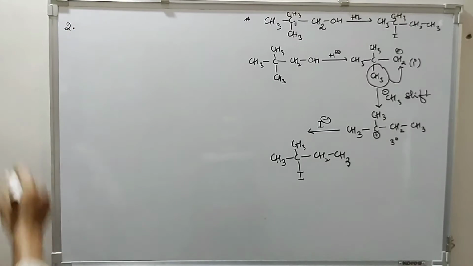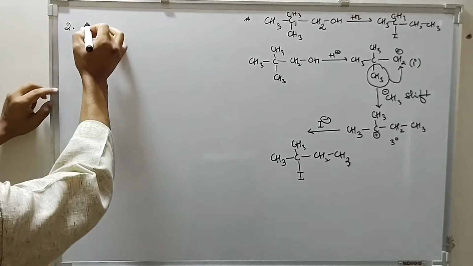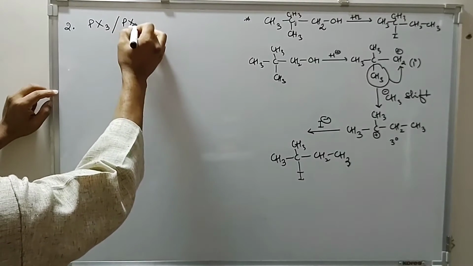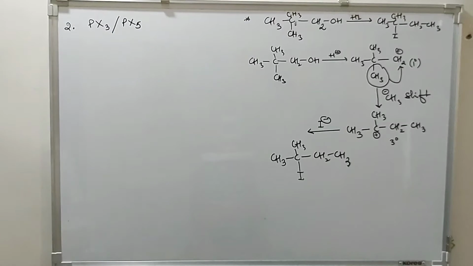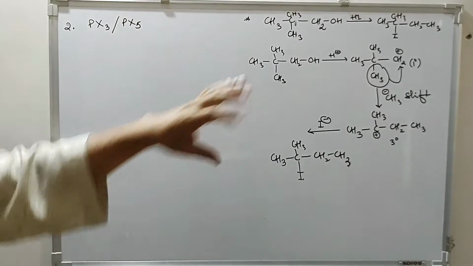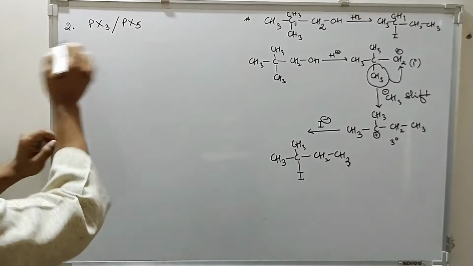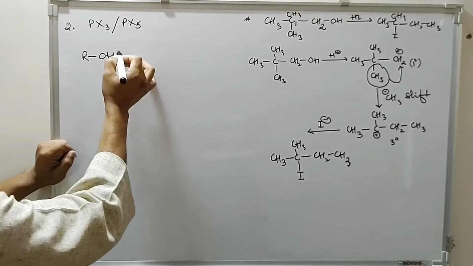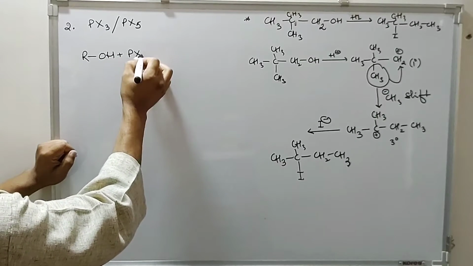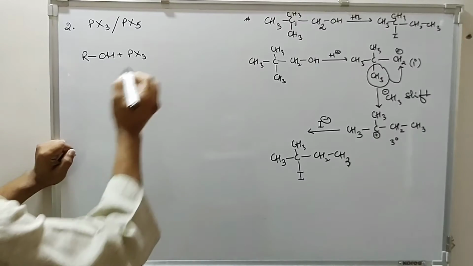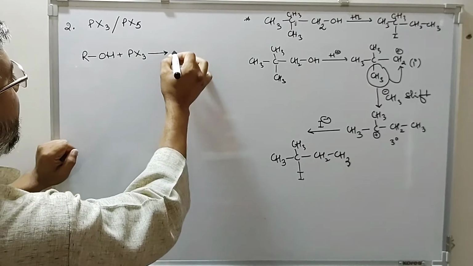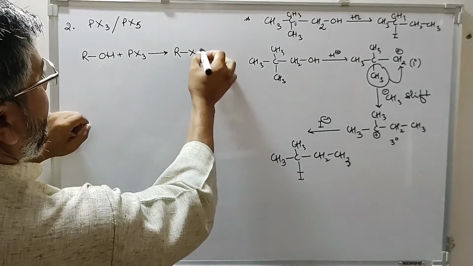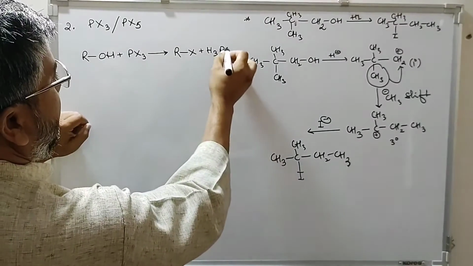The second method from alcohol is by use of PX3 and PX5, phosphorus trihalide or phosphorus pentahalide. So the reaction is, as you look at this, we have this alcohol combining with PX3, phosphorus trihalide, and this gives you RCl plus H3PO3.